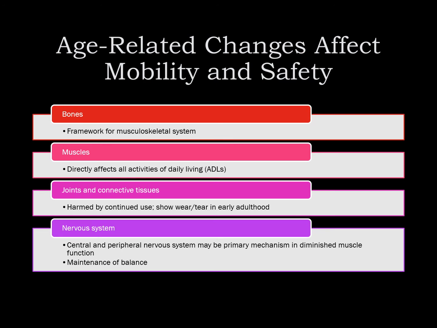Although most people think of bones, muscles, and joints when they think of mobility, in the older adult, safe mobility is also influenced by neurologic and sensory functioning to ensure that the older adult can interact safely within our environment. The normal function of bones is to provide the framework for the entire musculoskeletal system to support and protect our body organs and tissues.